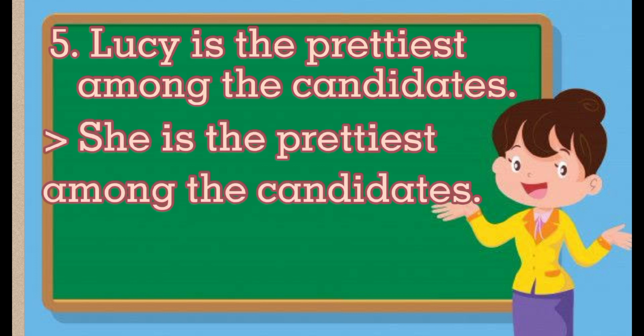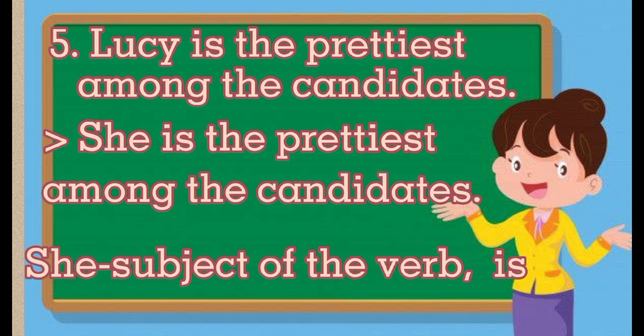So it will now become: She is the prettiest among the candidates. Now, what have you noticed? What is now our subject in this sentence? Perfect. It's our pronoun she, and it is still the doer of, or subject of, the verb is, so it still functioned as subjective, right?